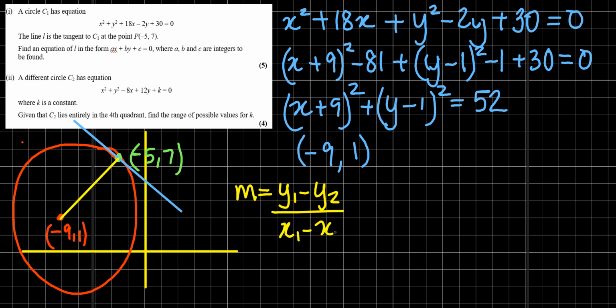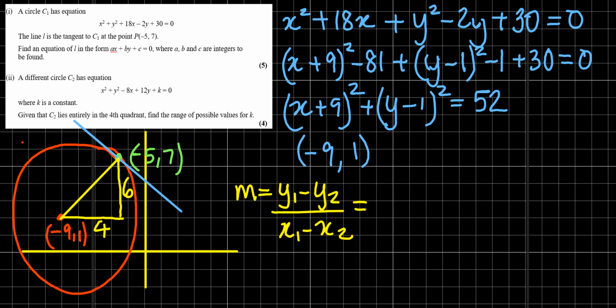I prefer to visualize it because I know from here to here is going to be minus 5 to minus 9. The difference there is 4. From 1 to 7, the difference is 6.